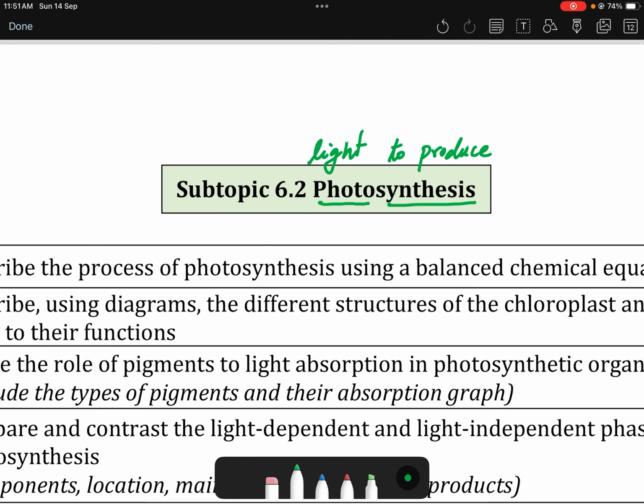Above that, we also need to know who is doing photosynthesis. These are plants, producers, or you can say autotrophs. Autotrophs do this process and use light. We won't say only light, we say light energy, to produce chemicals.